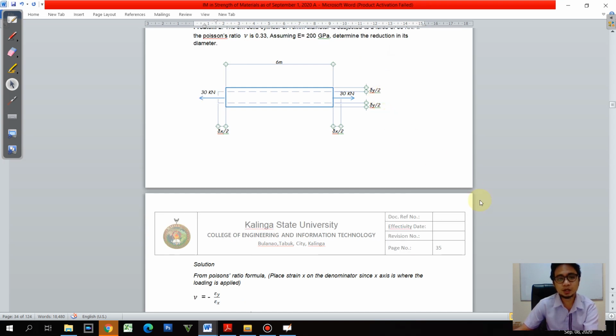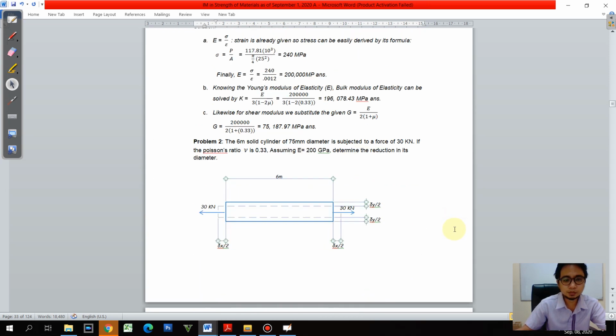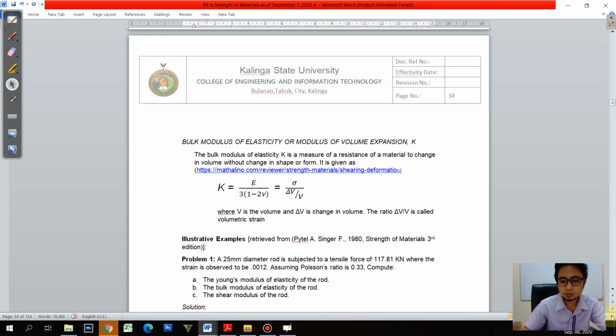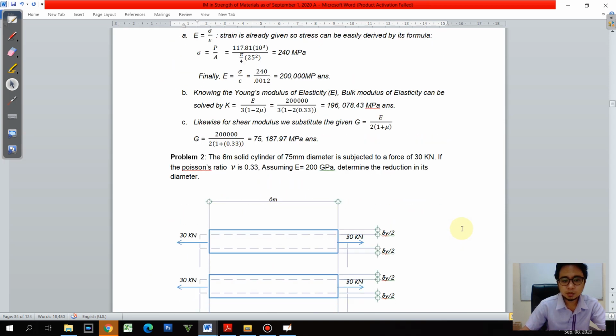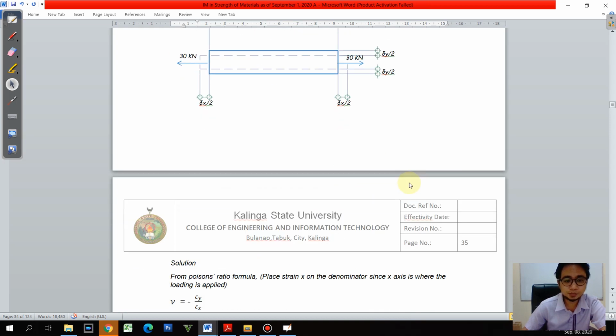So here, the reduction is on diameter. It is equally shared along the edges along the y-axis, so that is why it is labeled as delta y all over 2, as well as the x is distributed on both sides, that is delta x all over 2.